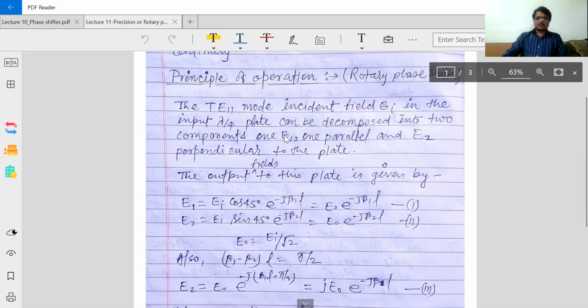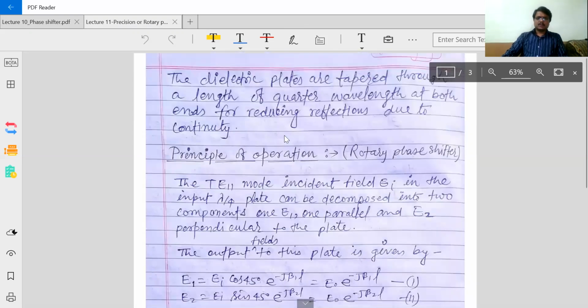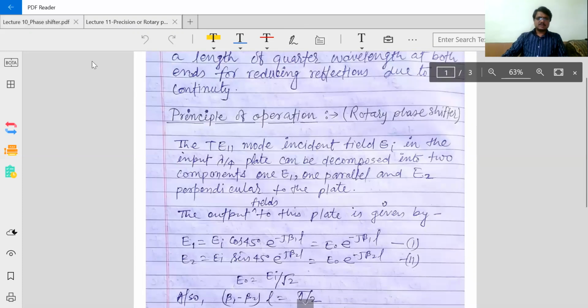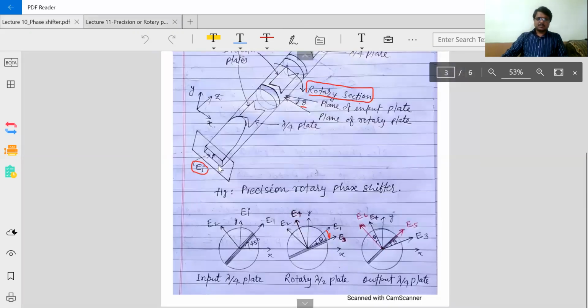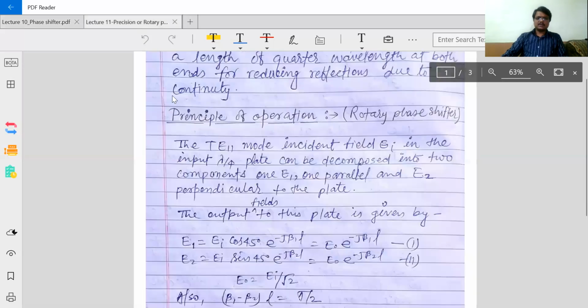Okay, so as the wave passes from this rectangular waveguide to this circular waveguide, in the rectangular waveguide the dominant mode was TE10, but in the circular waveguide it becomes the TE11 mode.